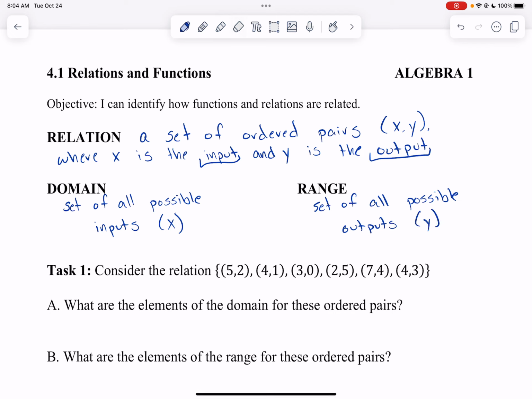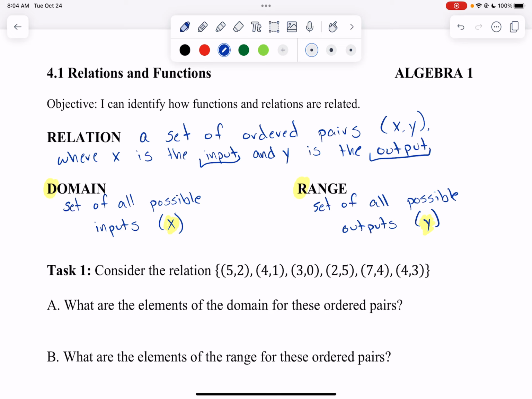To help keep these straight, x and y is alphabetical. Domain starts with D, range starts with R, also alphabetical, D then R. D comes before R in the alphabet. The domain is the set of all possible inputs and the range is the set of all possible outputs.